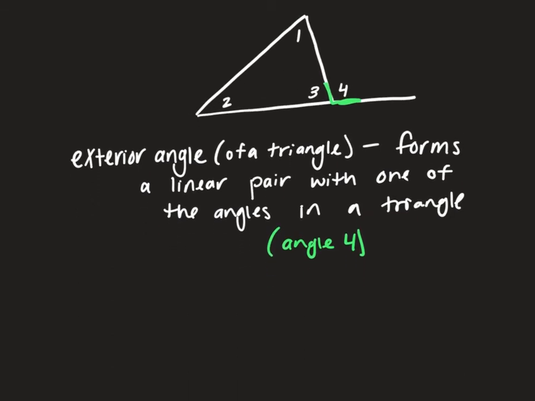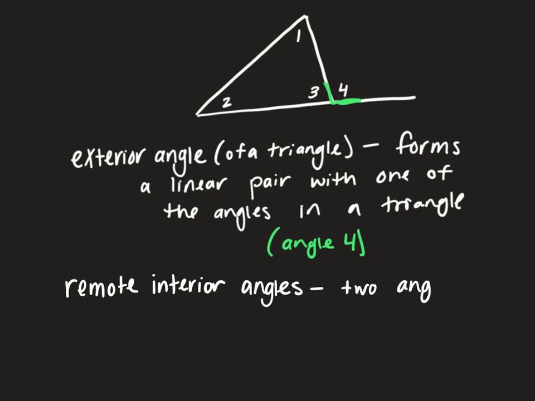And with that, we also have what are called the remote interior angles. These are the two angles that are not adjacent to the exterior angle.